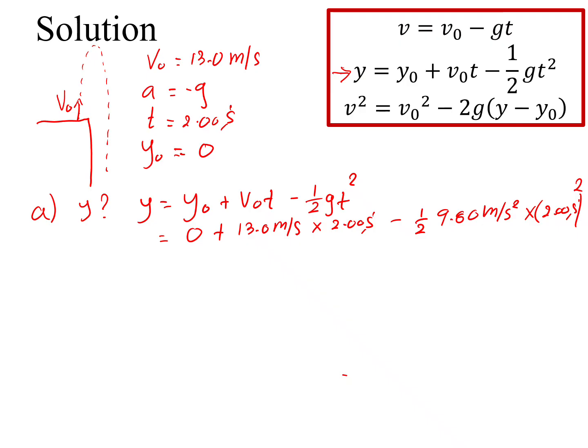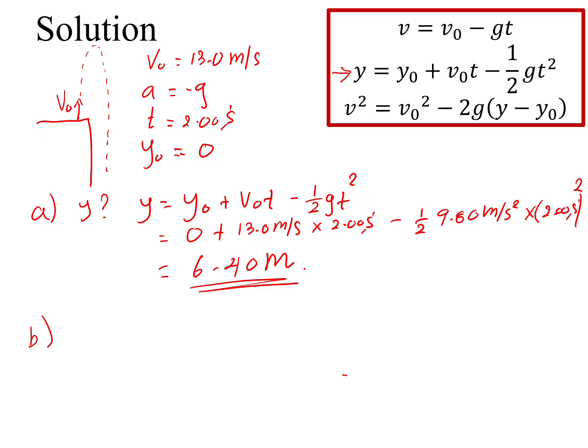We substituted positive 9.8 because when we write down these kinematic equations, we already considered the direction. So we already considered that we are considering upward as positive and g is a negative value. So if you put another negative sign when you do this problem, it will be wrong. So be careful with the sign when you work out these problems. Now the answer here is 6.4 meters.